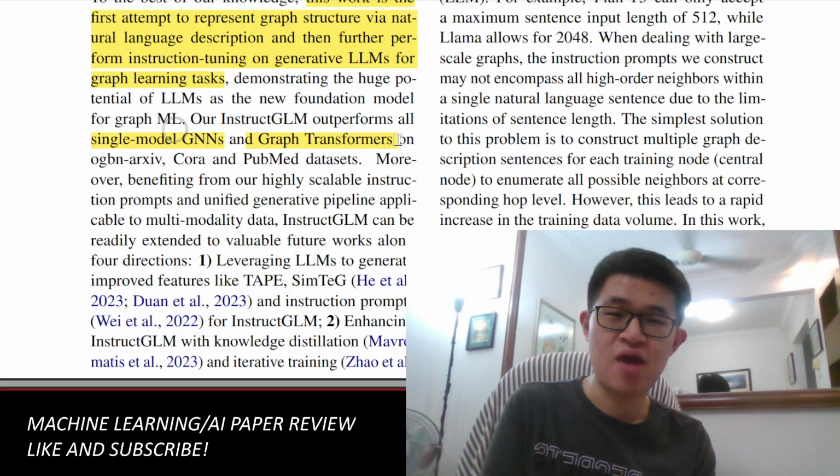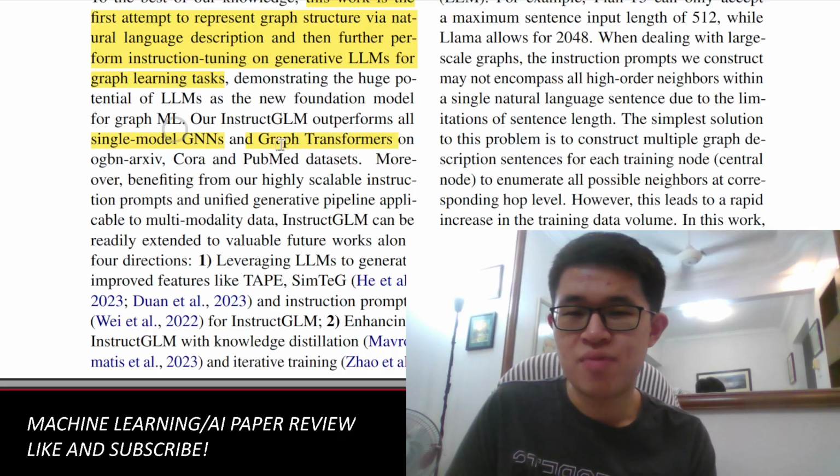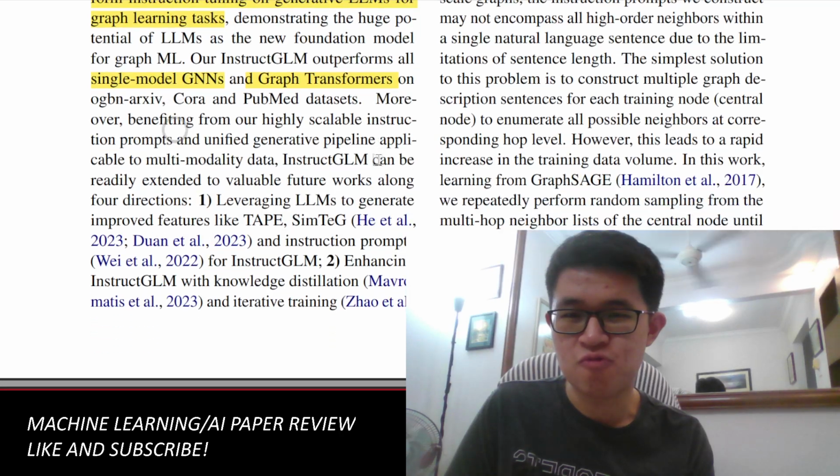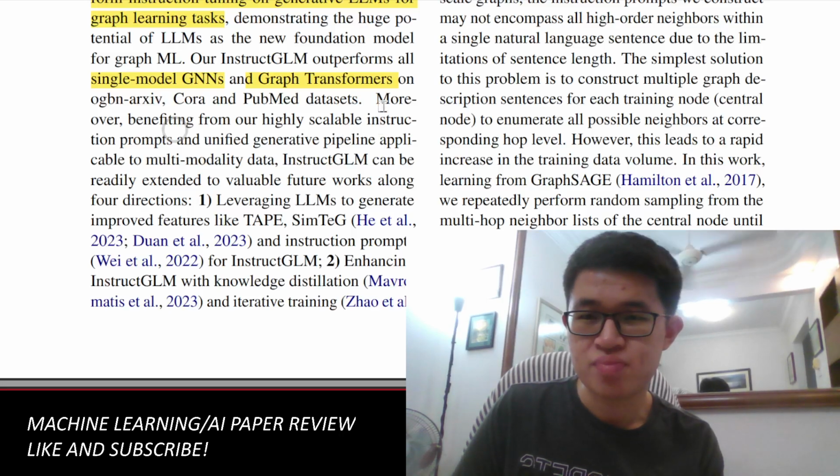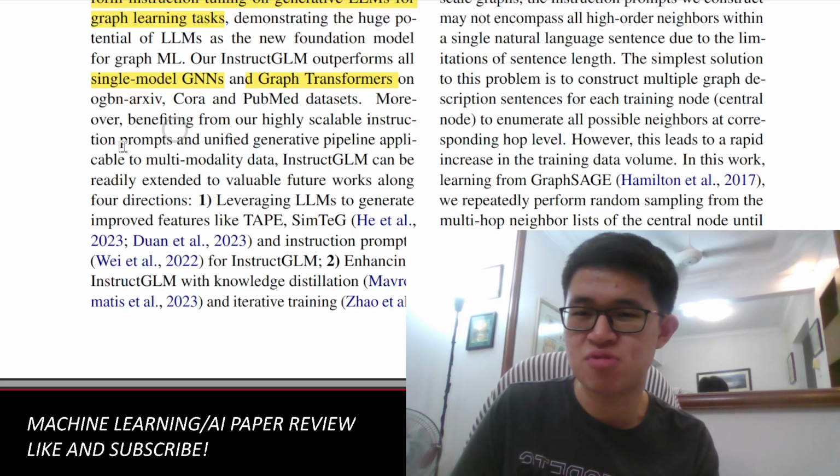Wow, even graph transformers? I bet it outperforms something like a Graphormer in this case. Moreover, benefiting from our highly scalable instruction prompts and unified generative pipeline applicable to multi-modality data, InstructGLM can be readily extended to valuable future works along 4 directions.